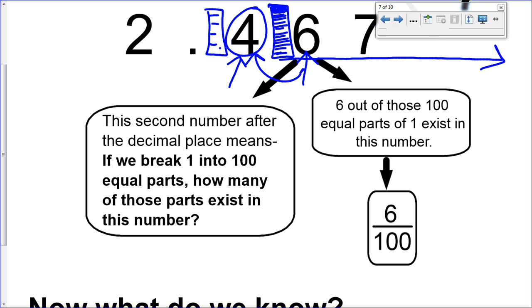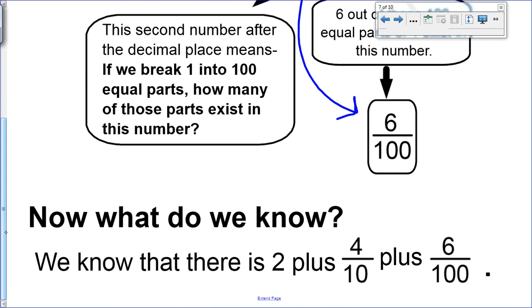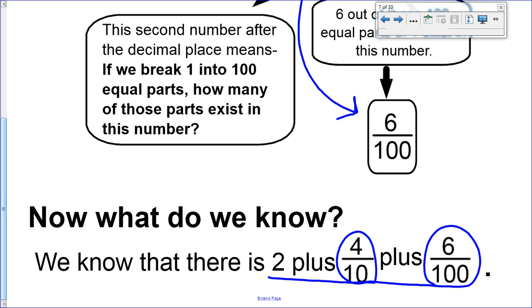So this 6 literally means 6 1/100ths. We've broken 1 into 100 equal parts, and we have 6 of them. So that's a very small amount. So now what we know is that at least our number is 2 plus the 4/10 plus the 6/100ths. We've analyzed those. We know the 4 was in the tenths place and the 6 was in the hundredths place. And we know that 6 of 100 little pieces is not very much.